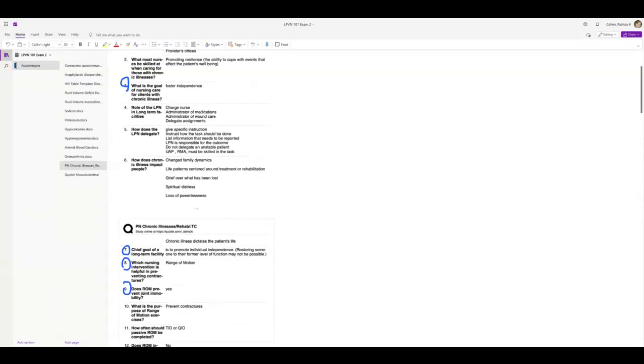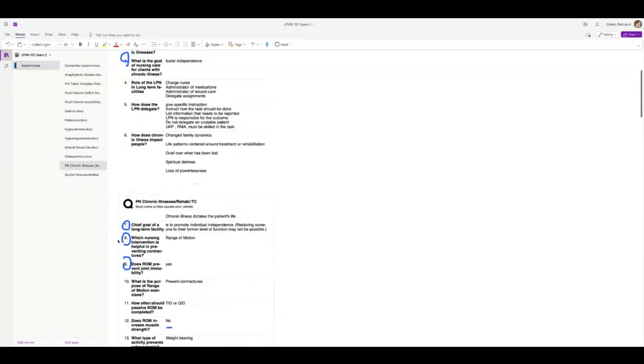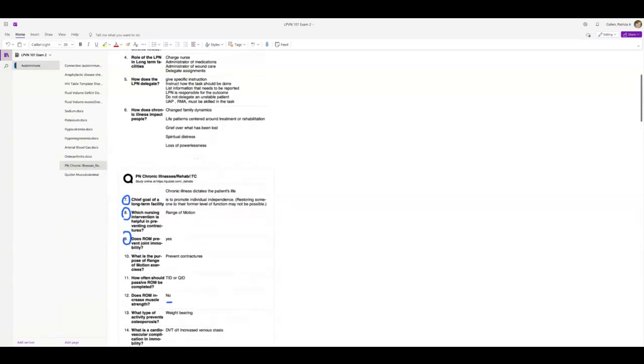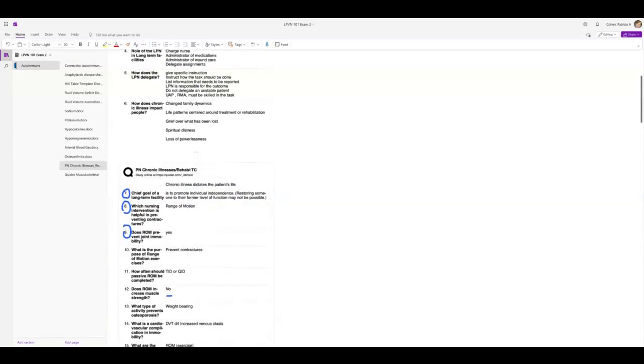Passive range of motion is going to help prevent contractures. It's not for strength, it's to prevent them from having contractures, okay? So it helps with joint mobility, the ROM. You do it 3 to 4 times a day. And it doesn't increase muscle strength or muscle girth.